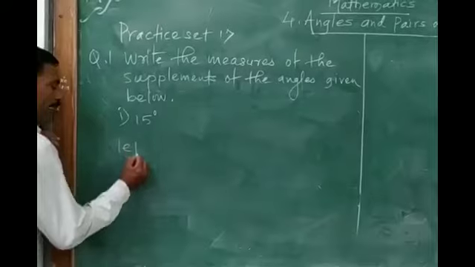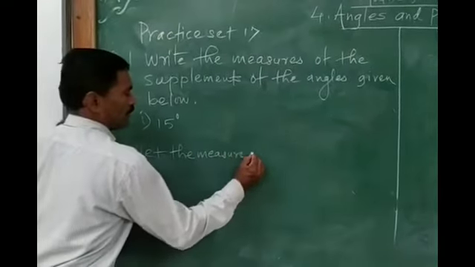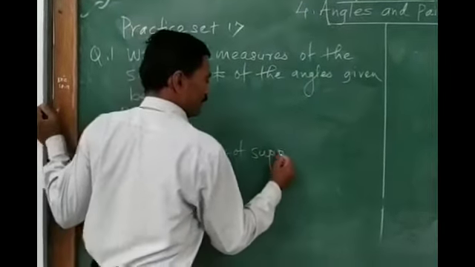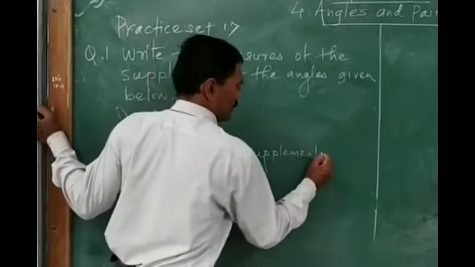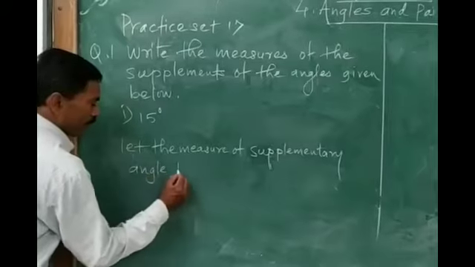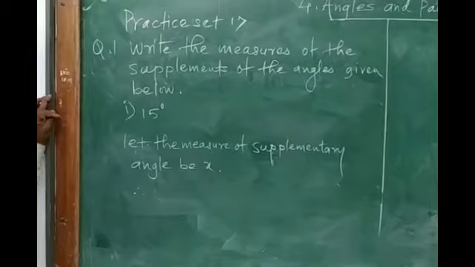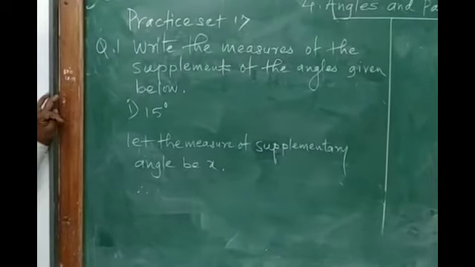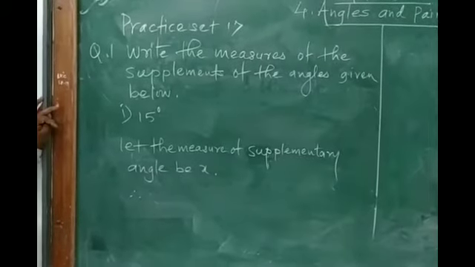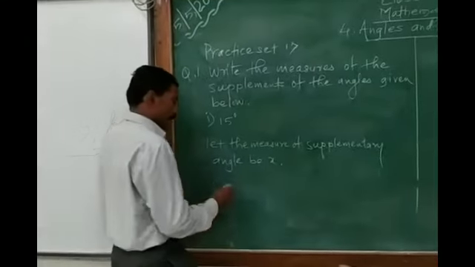We let the measure of the supplementary angle be x, and therefore by the definition of supplementary angles, what is the definition of supplementary angles? If the sum of the measures of two angles is 180 degrees, then they are supplementary angles.